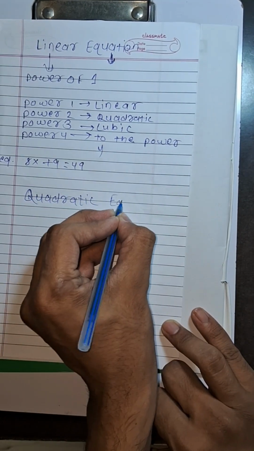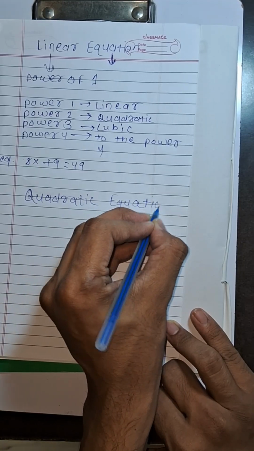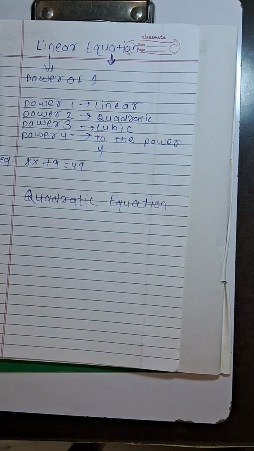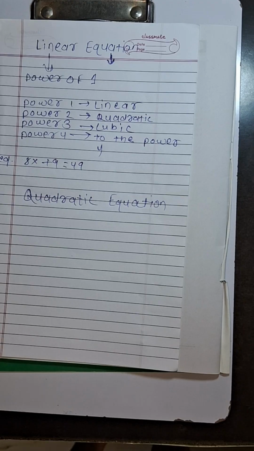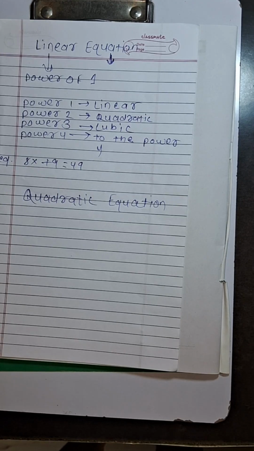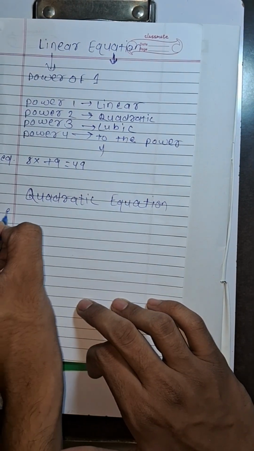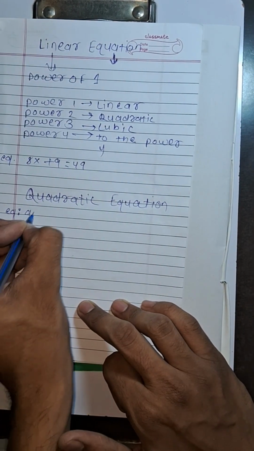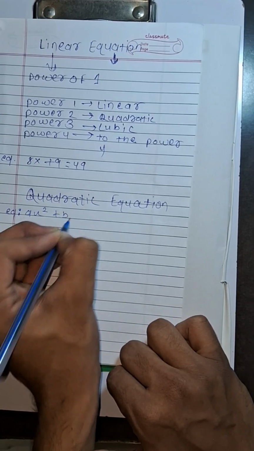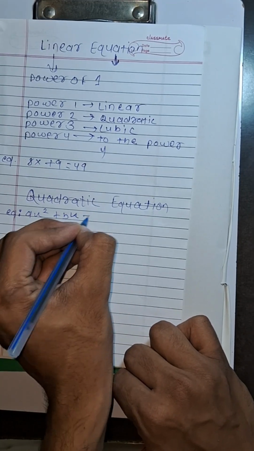So what are quadratic equations? Quadratic equations are equations that have the variable with power 2 of x, for example ax squared plus bx plus c.